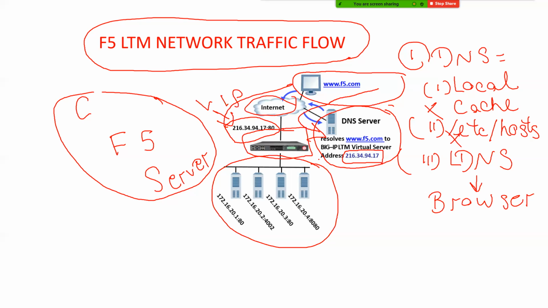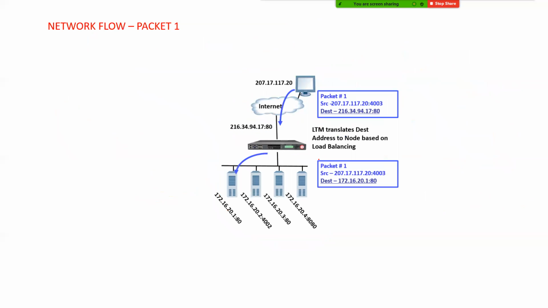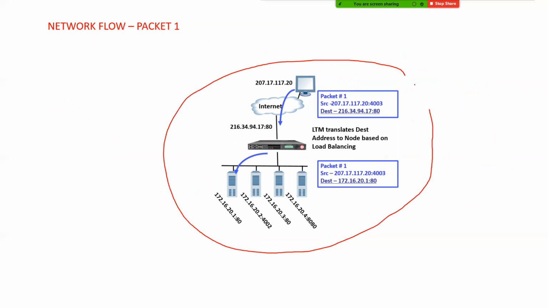Let's move to the next slide, where I will talk about how the initial forward traffic goes and how the return traffic will go. This is very important. I have many students who have a query about how network flows, how packet one goes, and how the return traffic goes. In this picture I will tell you.